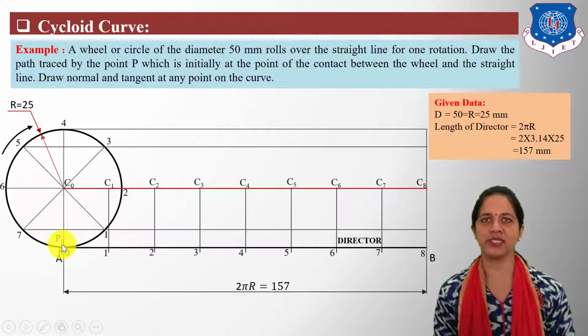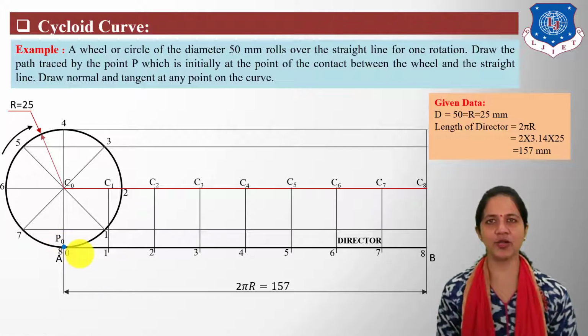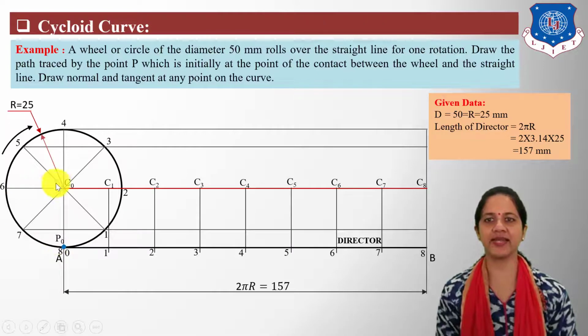Initial locus point of cycloid is at contact point of rolling circle and director. So locate here P0 point. Now for remaining locus point, take radius is equal to rolling circle, center C1 and cut arc on one number horizontal line.